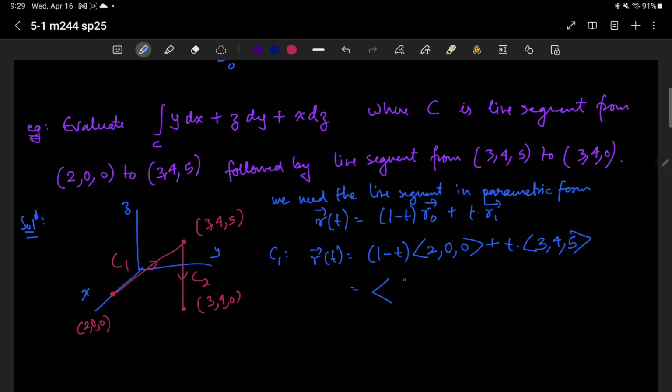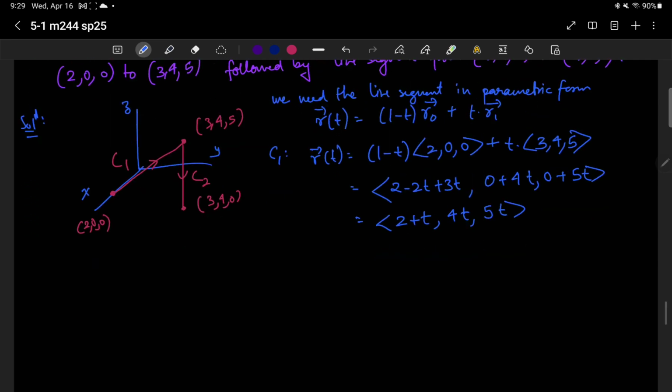So that comes out to 2 minus 2t plus 3t, 0 plus 4t, 0 plus 5t, which is 2 plus t, 4t, 5t. So that's x, that's y, and that's z.